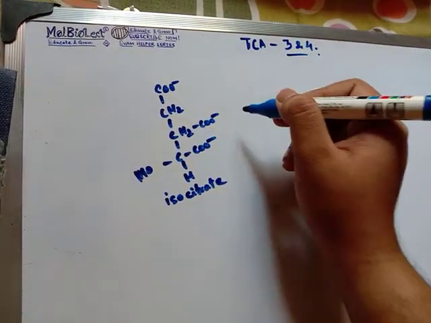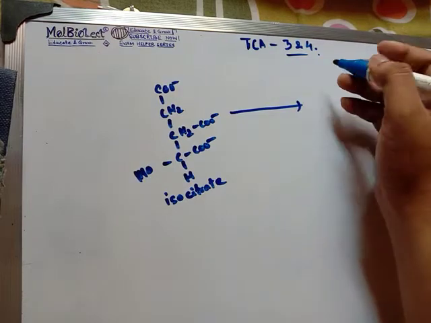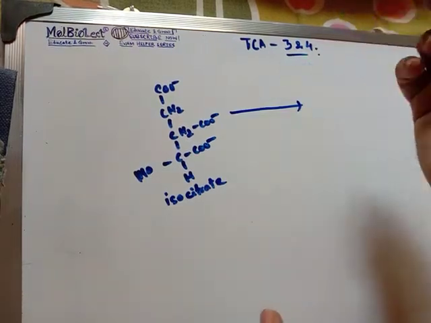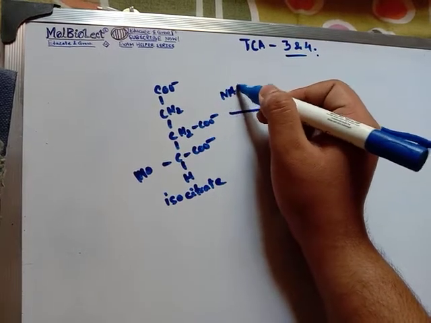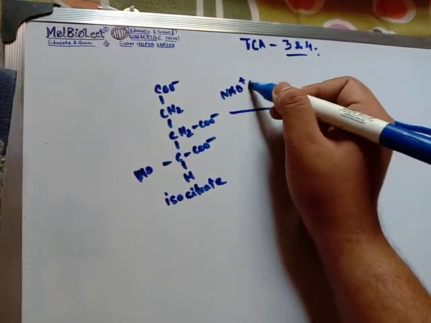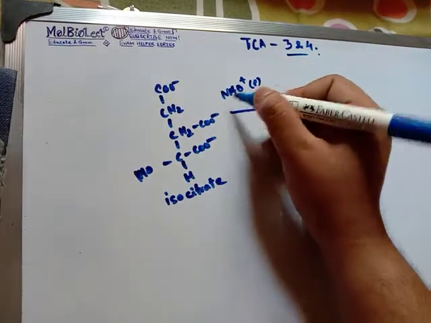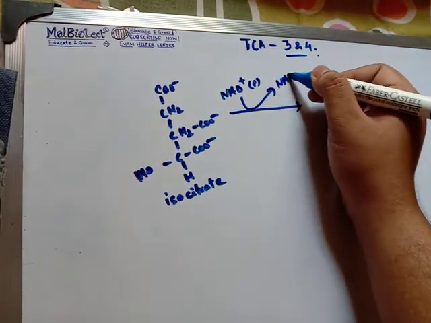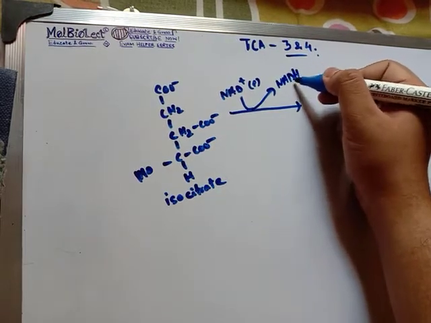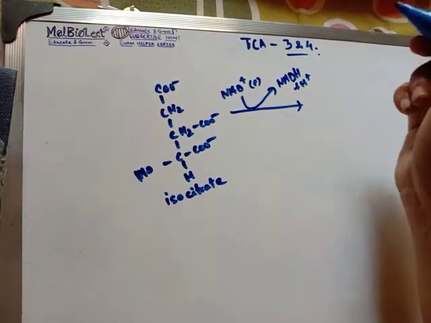This isocitrate is converted first into an intermediate, oxalosuccinate. In this step the NAD plus is utilized, or in some cases NADP plus is also utilized. It depends on the reaction. And we have, in this case, NADH plus H plus.